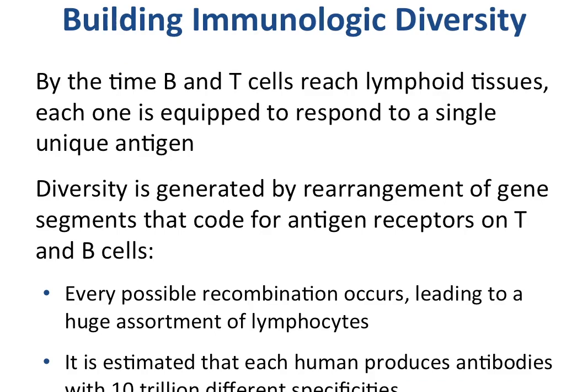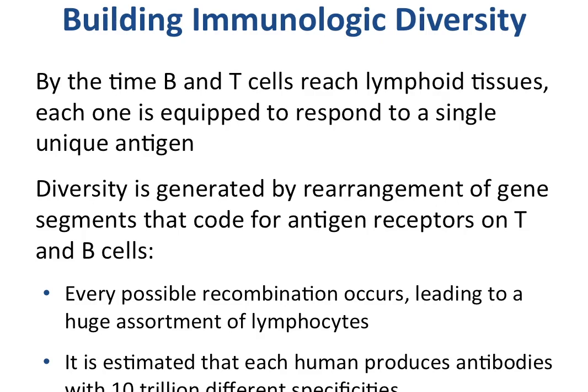Once T cells and B cells reach the lymphoid tissues, they will exchange antigen information with the antigen presenting cells. Then they can differentiate into mature cells. The T cells and B cells will produce antigen receptors.